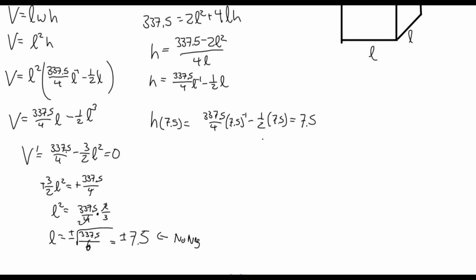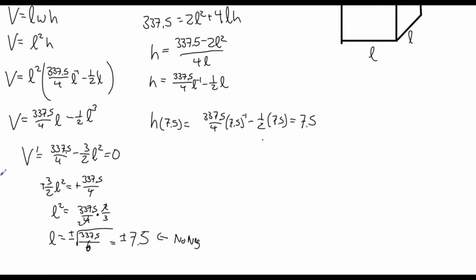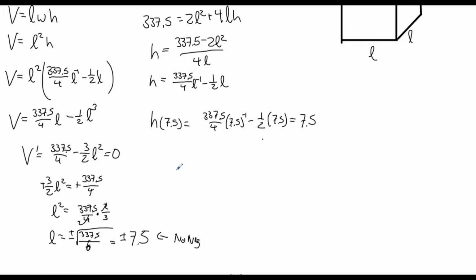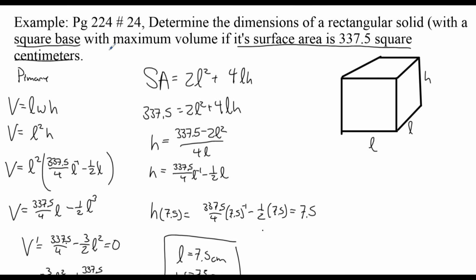And remember, our units for all of these, since it's a solid in centimeters, it says that if my length is 7.5 centimeters, and my width is now 7.5 centimeters because the length and the width are the same, and my height is 7.5 centimeters, then the optimal surface area, or give me the maximum volume using that surface area, is if I make it a cube.